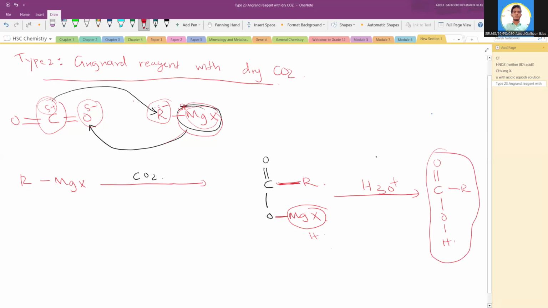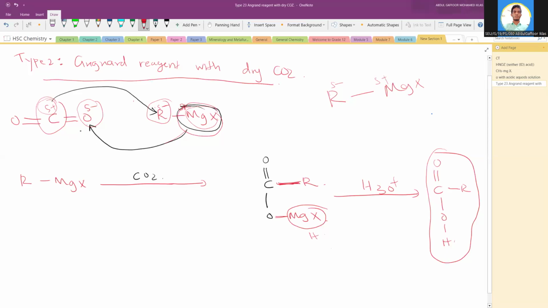Is that okay? So we have studied, if you have Grignard reagent, the charge distribution will be like this, right? R will get delta negative charge. Delta negative means slight negative charge. And MgX will have delta positive charge.